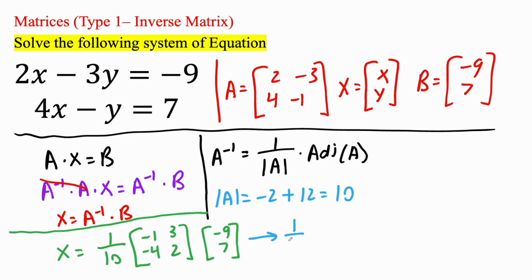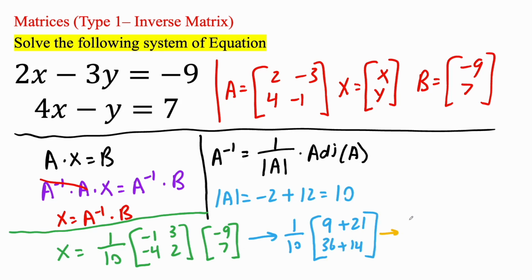Now let's multiply it out. We'll keep our 1 divided by 10, but let's multiply the two matrices. -1 times -9 will give us positive 9. Then we take 3 times 7, which is 21, so plus 21. Likewise, -4 times -9 is 36, and 2 times 7 is 14, so plus 14.